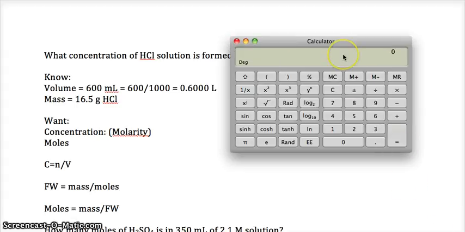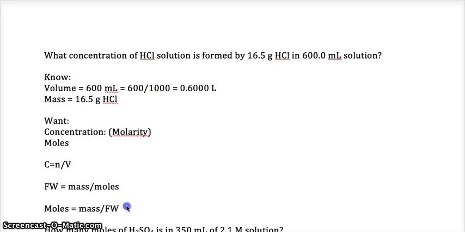If we're talking about hydrochloric acid, it's 1 hydrogen and 1 chlorine. Chlorine has an atomic weight of 35.45 and hydrogen's 1.01. That gives us a total of 36.46. So we have a formula, the number of moles is 16.5 divided by 36.46.